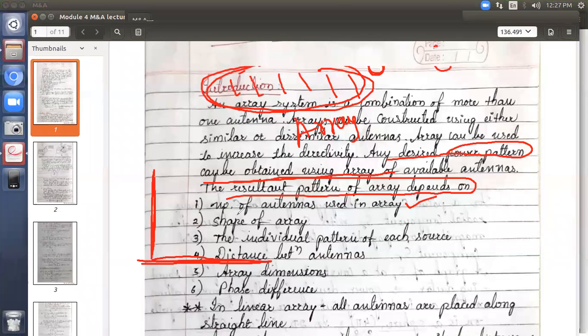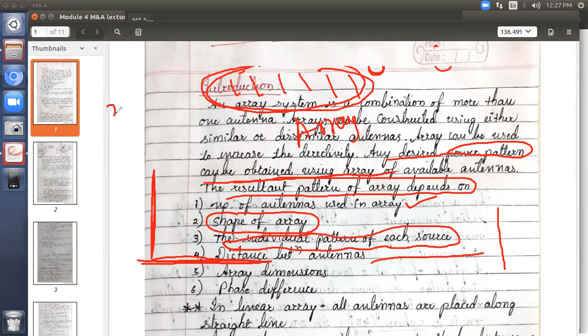So the shape of the array matters a lot. How you're building your array, how you're positioning the array, either horizontal, vertical, whatever. And the individual pattern of each source also matters a lot.